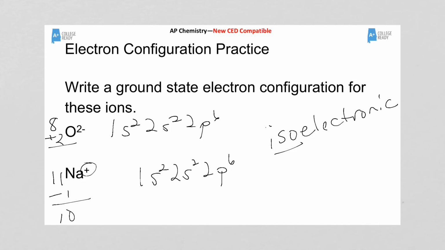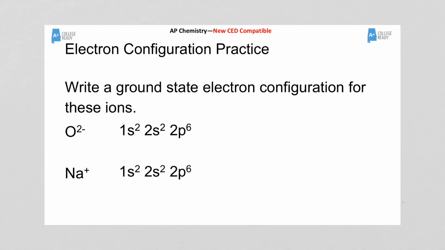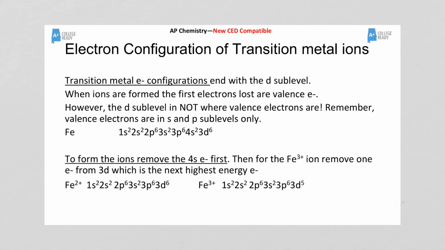Iso meaning the same. These ions are isoelectronic with neon, meaning they all have the same electron configuration. And there are the answers.